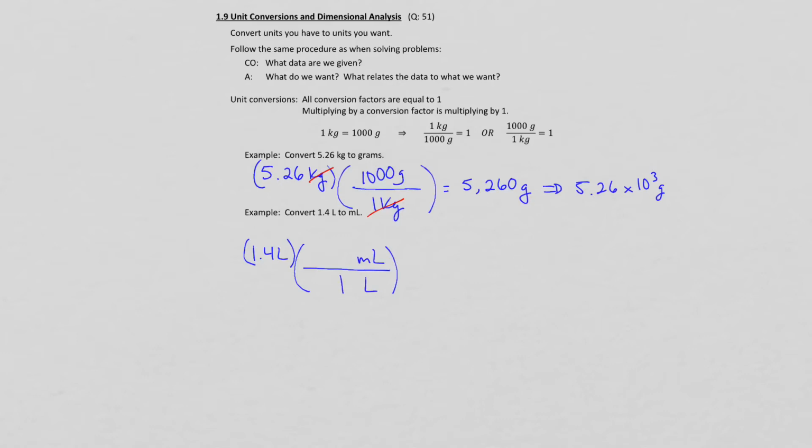In 1 liter, there are 1,000 milliliters. Liters cancel out, and we get 1,400 milliliters, which is also 1.40 times 10 to the third milliliters.